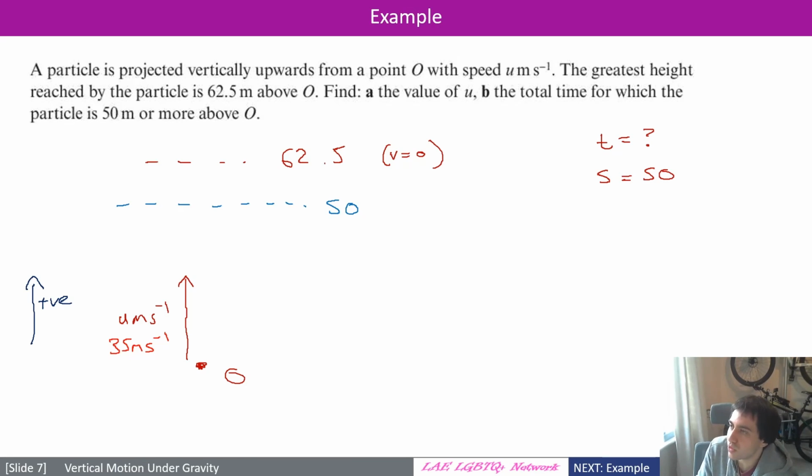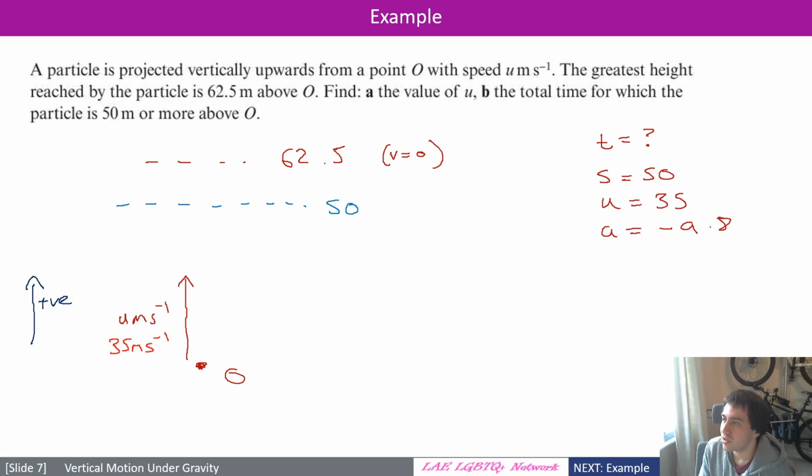Then put in the other things you know. The initial speed was 35. V we don't know, because we know it's 0 at 62.5, but we don't know what it is when s is 50. So forget V. We still know the acceleration is minus 9.8.